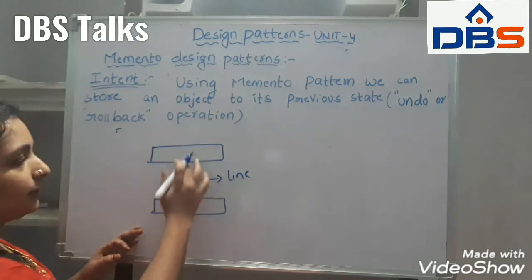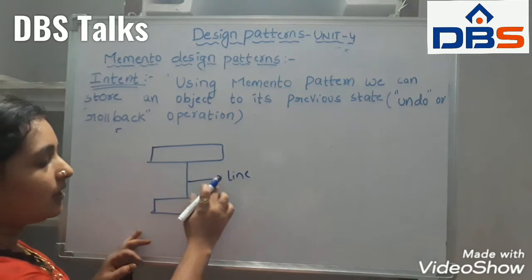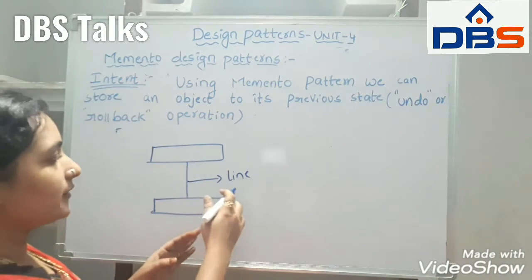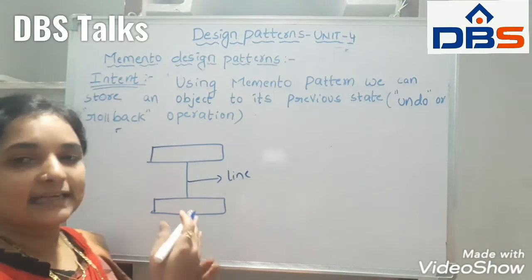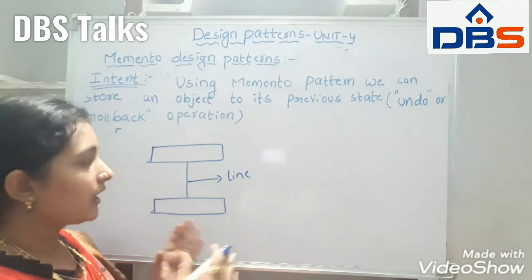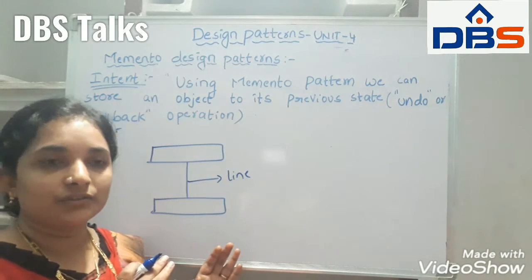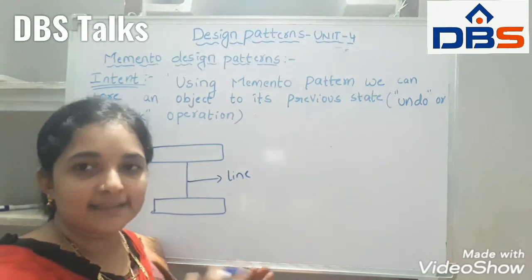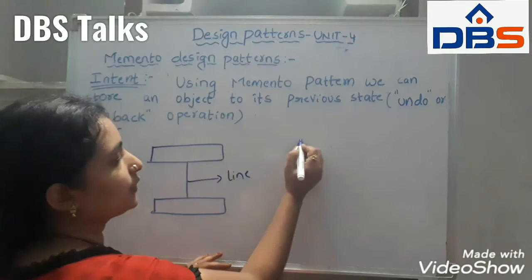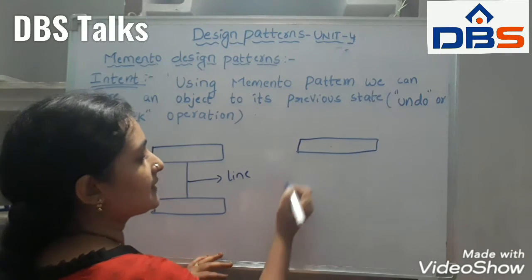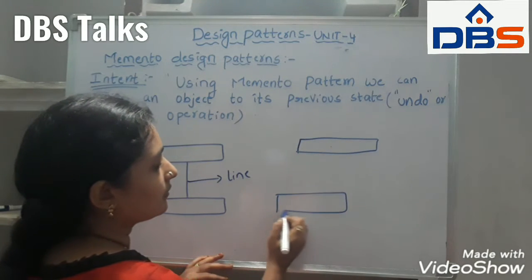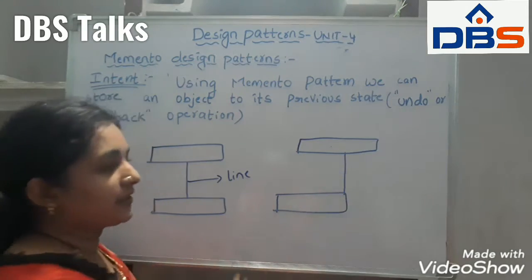So if I take two rectangles and one line between them, this line keeps the two rectangles connected. If these two rectangles move to either side, the line, the connection, will change.